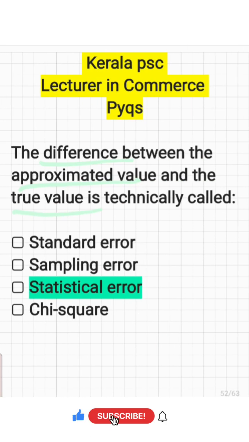And the next question: the difference between the approximated value and the true value is technically called, and the given options are standard error, sampling error, statistical error, and chi-square. Here the answer is statistical error. Statistical error means the difference between the approximated value and the true value.